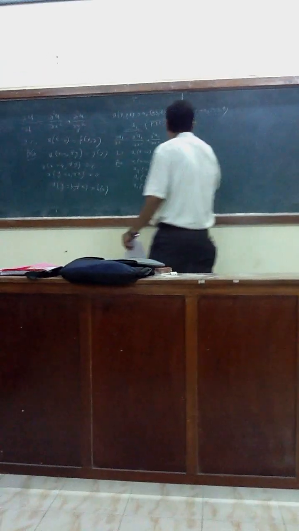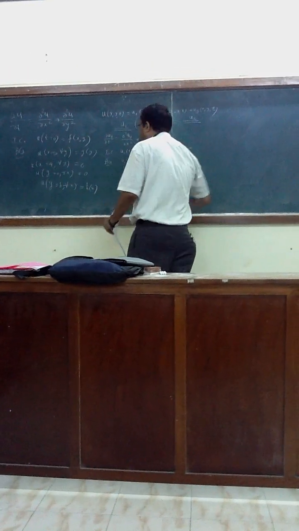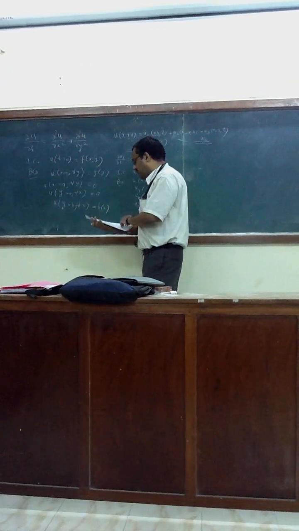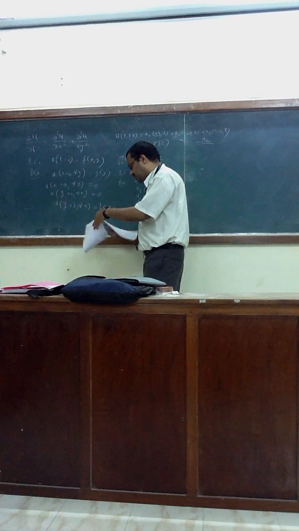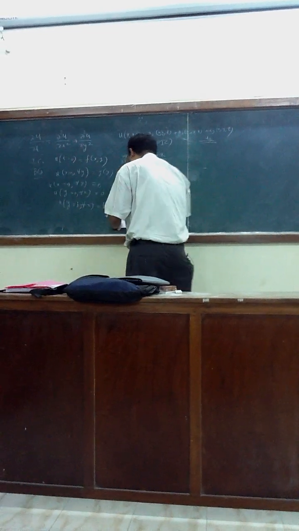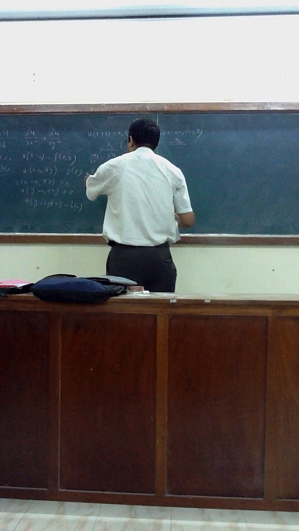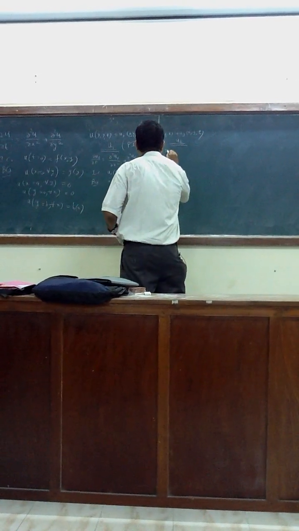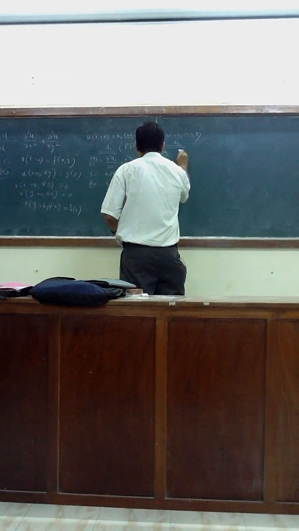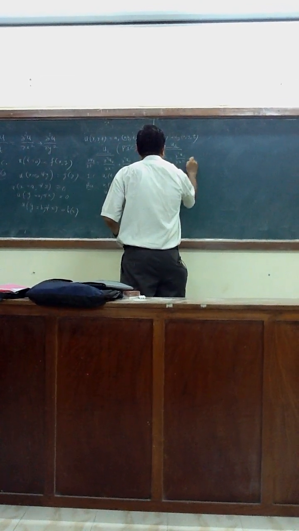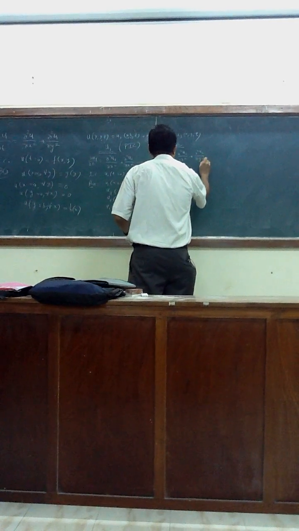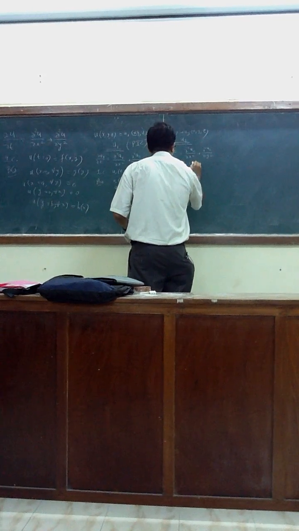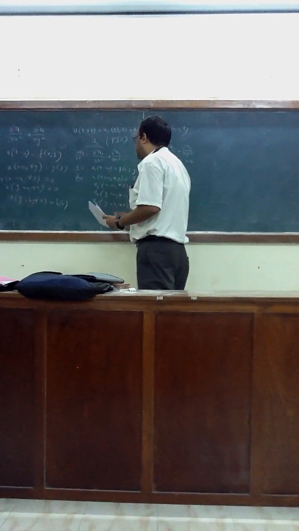Next is u2. In the u2 problem, this is already considered. So we will consider the second problem as this is homogeneous and this is non-homogeneous. So our problem is ∂u2/∂t equals ∂²u2/∂x² plus ∂²u2/∂y². The IC will be u2 at t equals 0, which has already been considered.